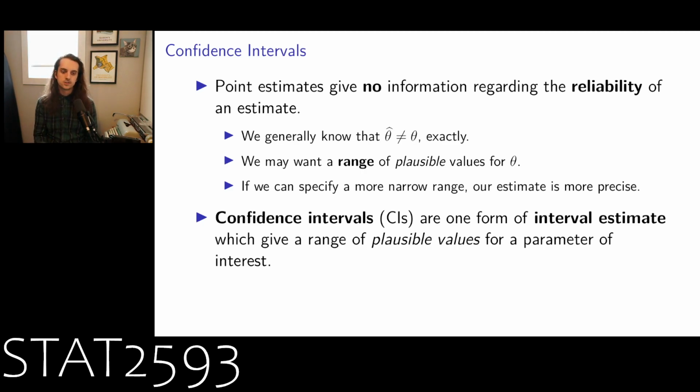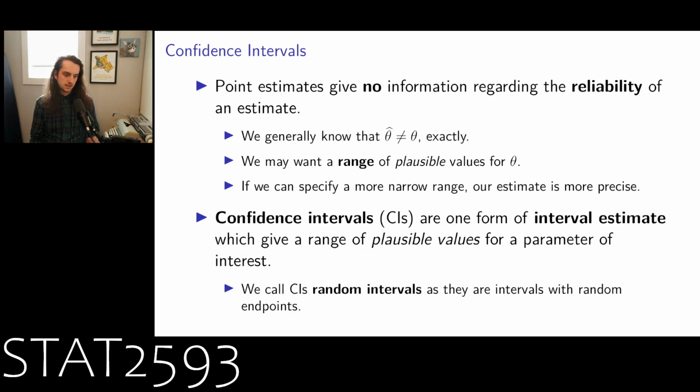A confidence interval is one form of interval estimate, which gives a range of plausible values for a parameter of interest. So instead of working from a single estimate, confidence intervals give us a whole interval of them. We call confidence intervals random intervals, as they are intervals that have random endpoints.